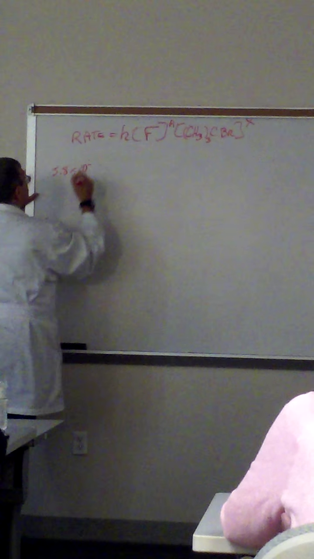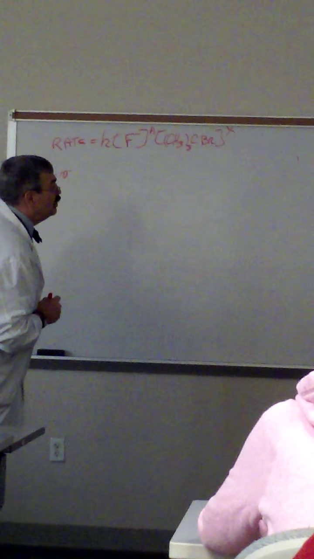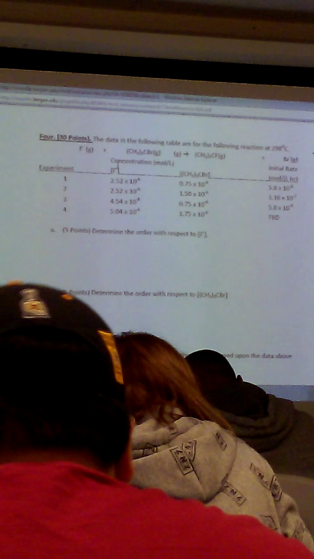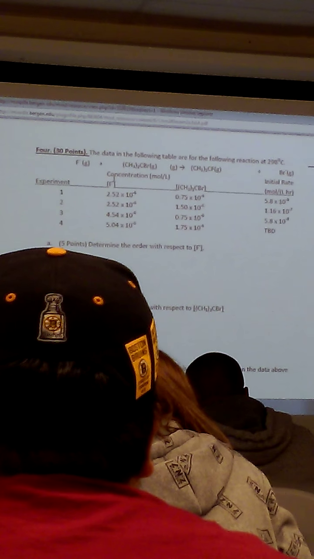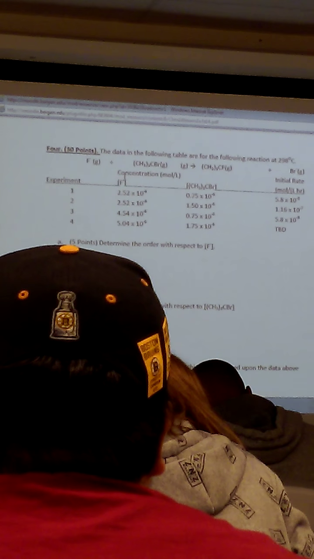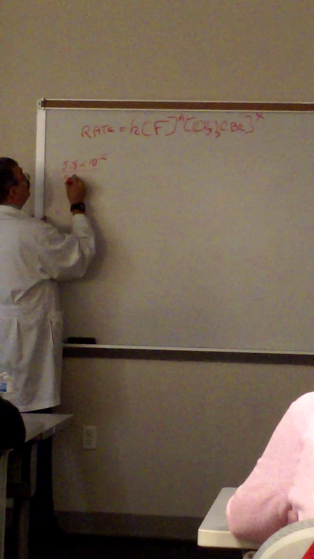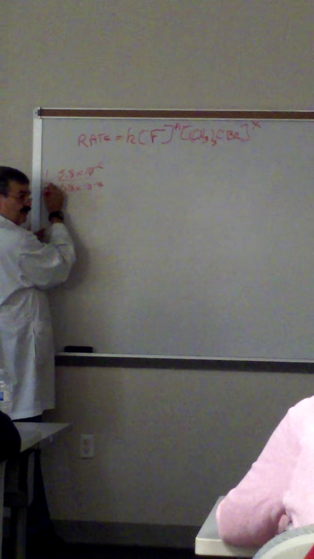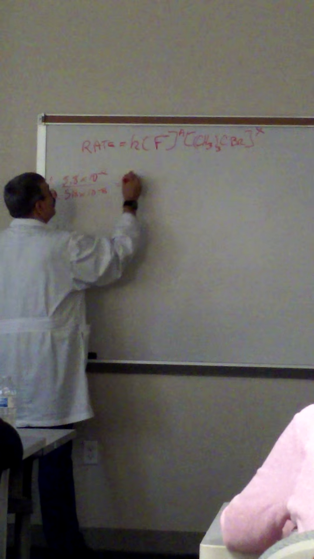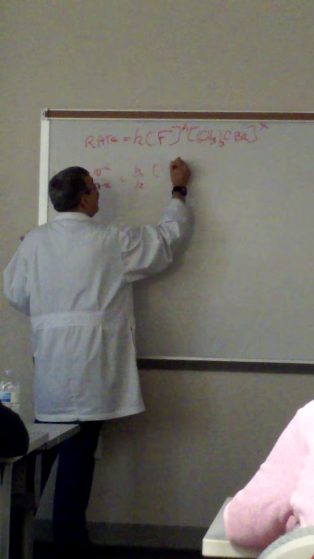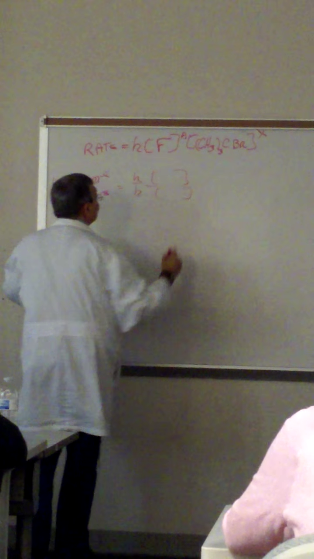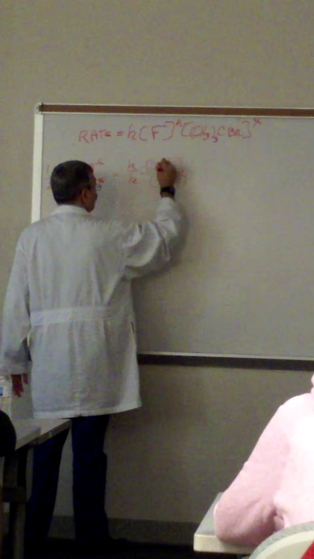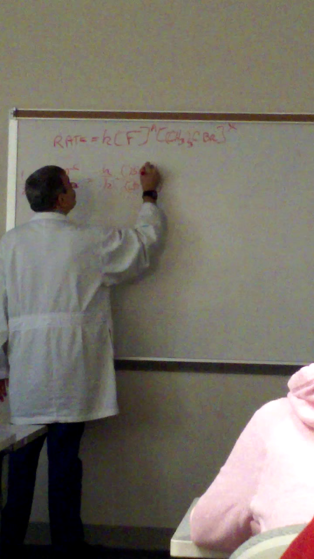5.8 times 10 to the minus what? 8. Thank you very much. 5.8 times 10 to the minus 8. This is 1. We said 3 or 2? 2 equals K over K F. 0.75, 1.5 times 10 to the what?